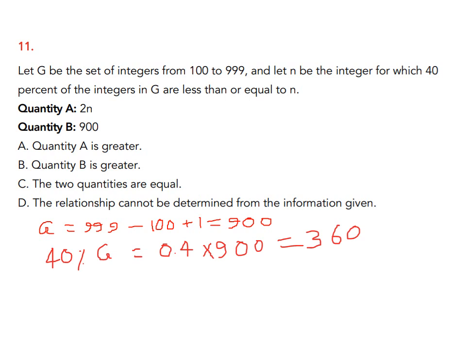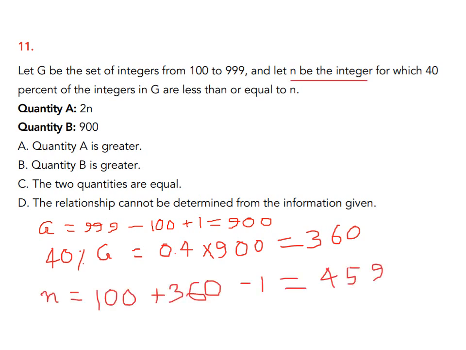So we need to find the integer for which 40% of G will be less than or equal to n. So how can we find that number? The starting number is 100 and we have found that 360 is 40% of G. So add 100 with 360 and subtract 1 from the sum.